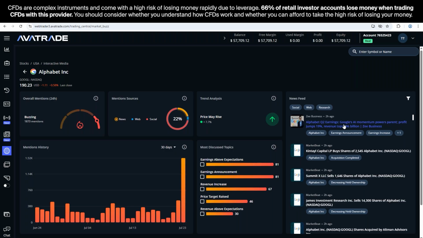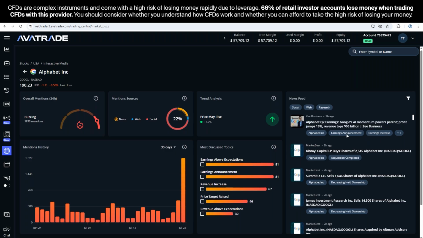Now we start to go beyond those larger storylines, and we can look at specific headlines, fundamentally speaking, and say, is there more to support the idea that this might rise 7.7%? And so you see here, Google's AI momentum powers its parent company. Profit jumps 19%, revenue tops 96 billion. Well, that sounds good.